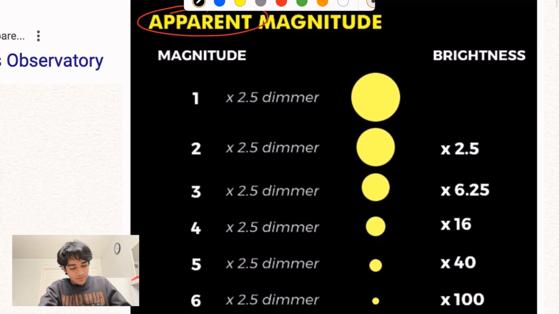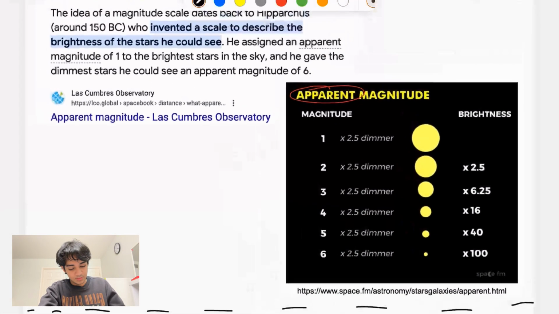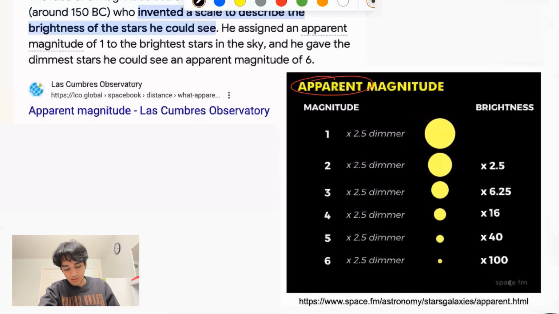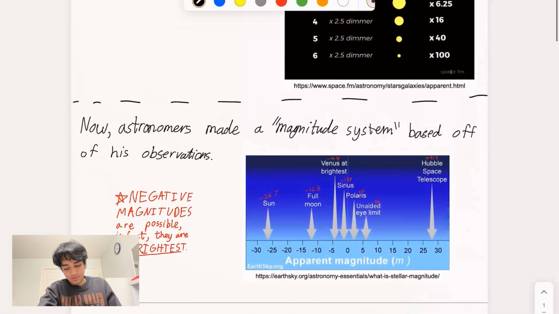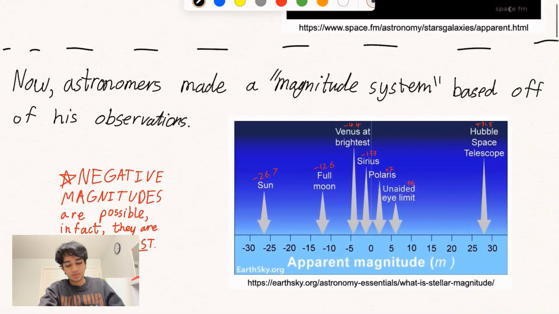On the side over here, you can see that the brightness of the brightest star, we define as exactly 100 times the brightness of the stars with magnitude 6. So we took from this and created our own modern magnitude system, based off of Hipparchus's observations.